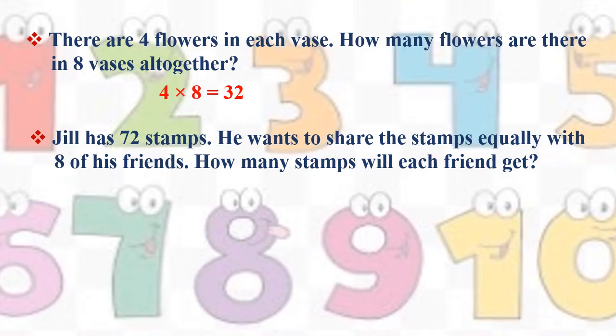Here, altogether there are 72. And this boy wanted to share them among his friends. So, how to get the answer? 72 you have to divide by 8. When you divide 72 by 8, the answer is 9.